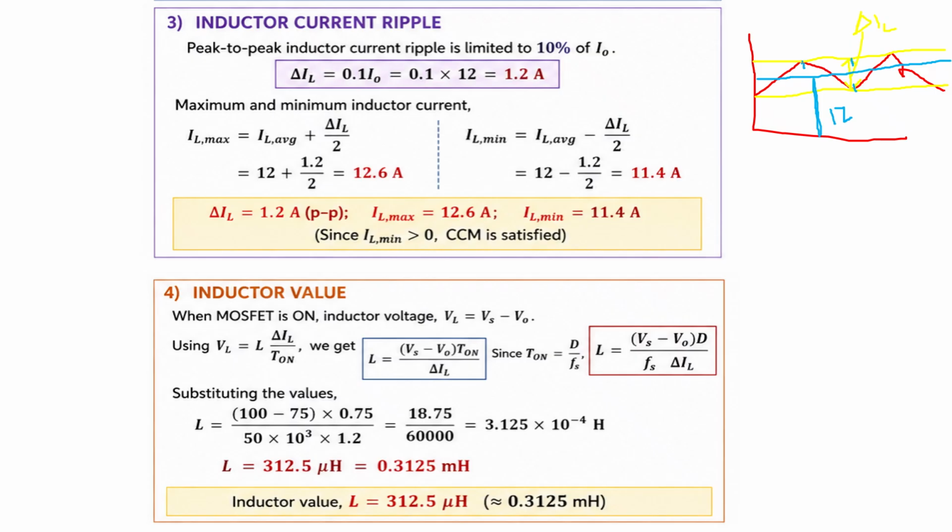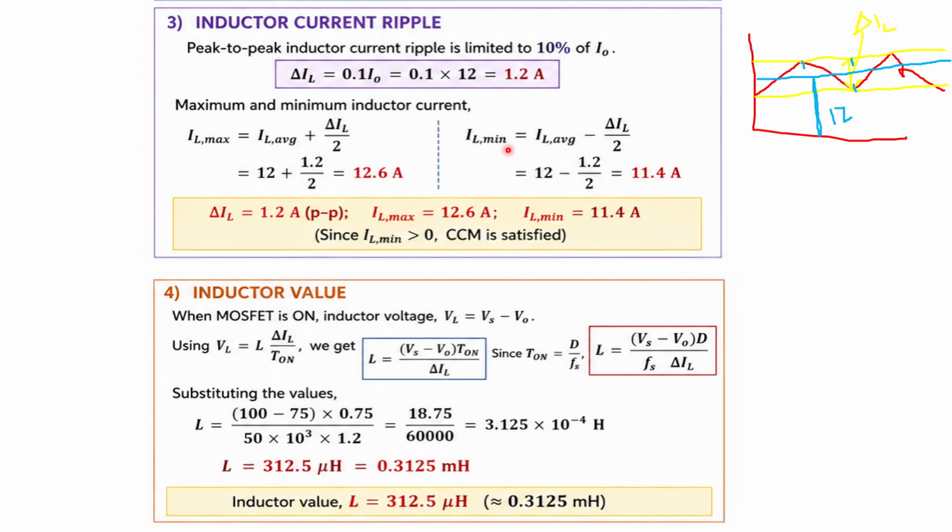So here IL max, which is the maximum point, is average IL plus delta IL by 2, that is 12 plus 1.2 divided by 2. On solving that you will get 12.6 ampere.